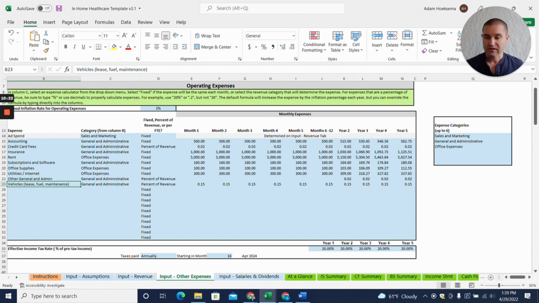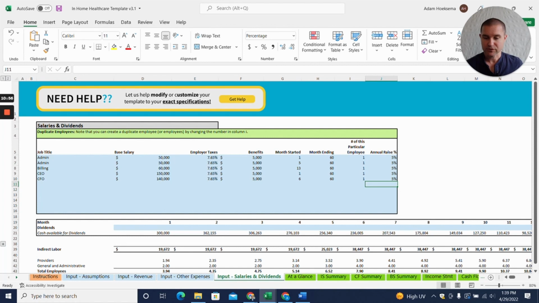And so we have kind of an all-in cost here of vehicles, and we have that set as a percentage of revenue at 15% here. But of course, depending on your situation, how far people have to drive, what types of vehicles you have, this number could vary greatly. And so you need to do your own research on this, figure out what your model is going to be, what kind of vehicles you're going to get, and all that sort of thing to make sure that you really dial in on what that number should be.